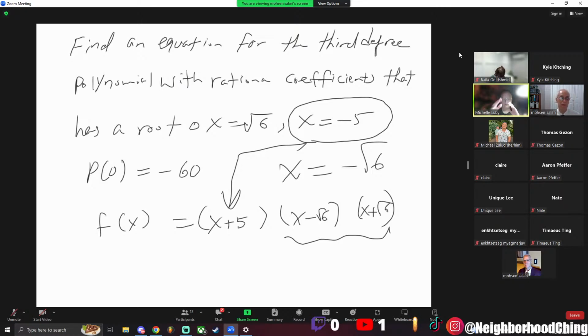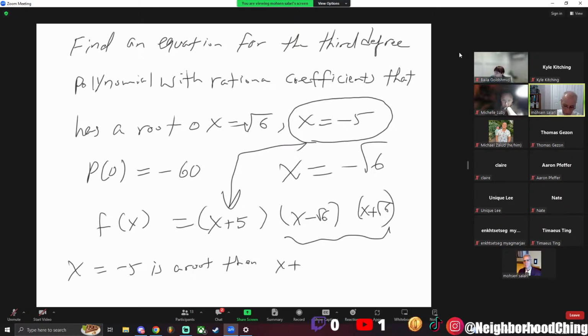And so the reason the other one isn't x minus 5 instead of x plus the square root of 6 is because it is asking for rational coefficients. So if x equals -5 is a root, then x plus 5 equals 0 is a factor.